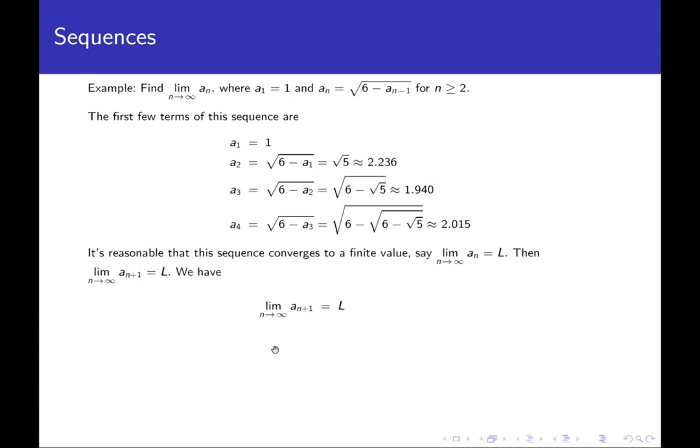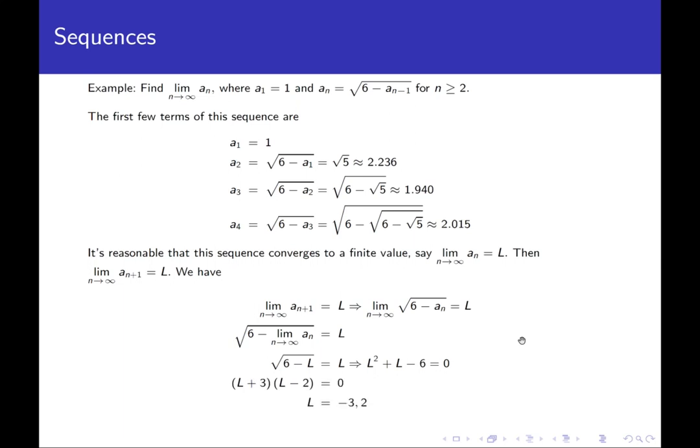So we'll use the recursive definition then. a sub n plus 1 is square root of 6 minus a sub n. Now we'll use our limit laws. I can move the limit inside to the a sub n. That limit was also L, so now I have an equation to solve for L. We get L squared plus L minus 6 equals 0.